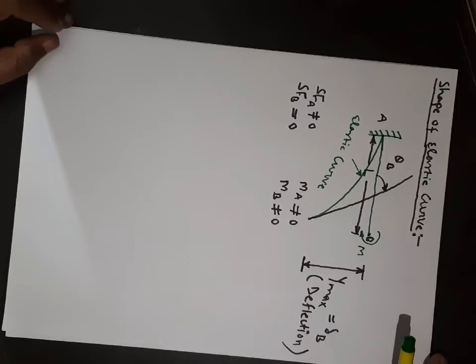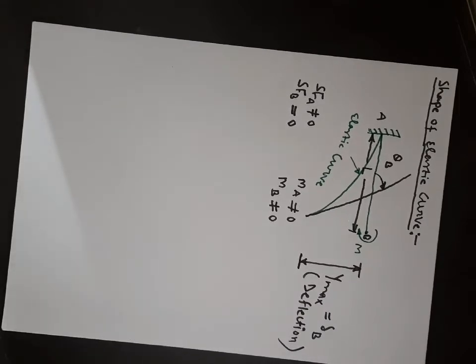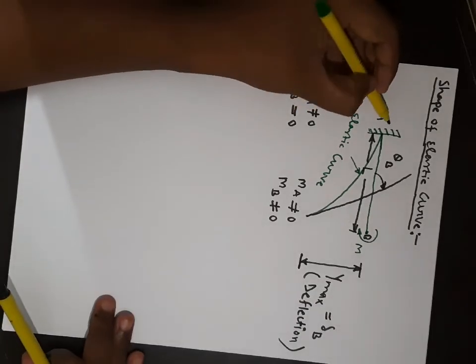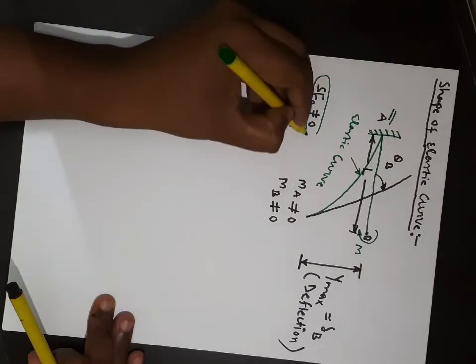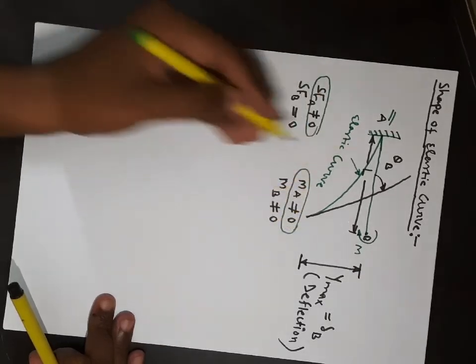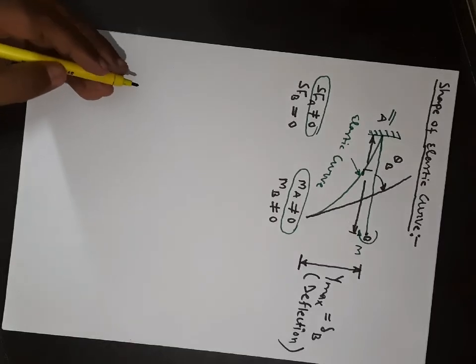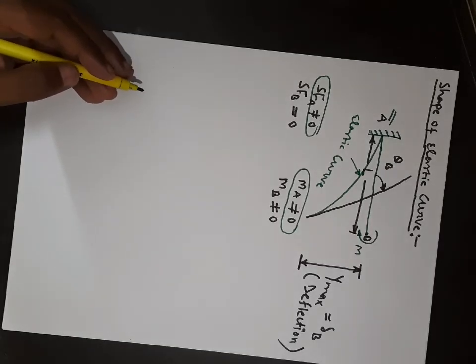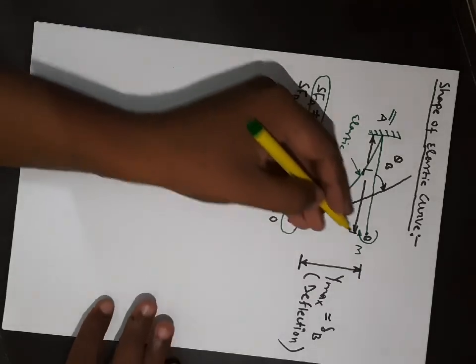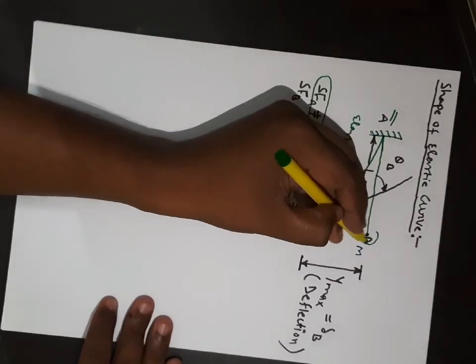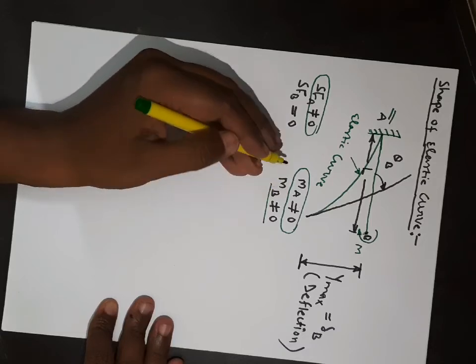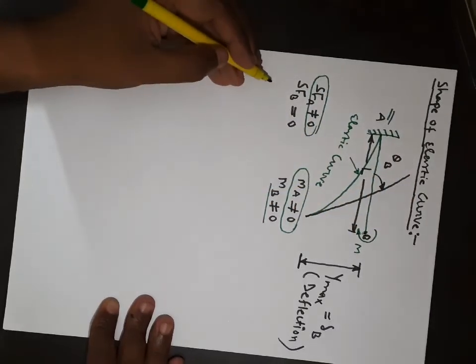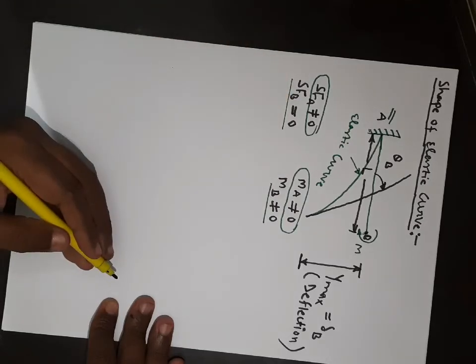Two things you must remember here. At the fixed support in a cantilever beam, both the shear force and bending moment will not be equal to 0. Here at the free end, a moment of magnitude M is acting, so the bending moment at point B is not equal to 0. Since no transverse shear force is acting here, the shear force at point B is equal to 0.